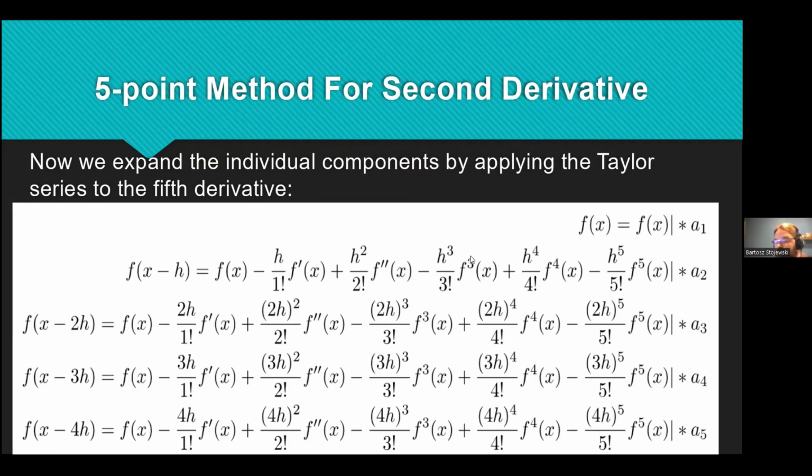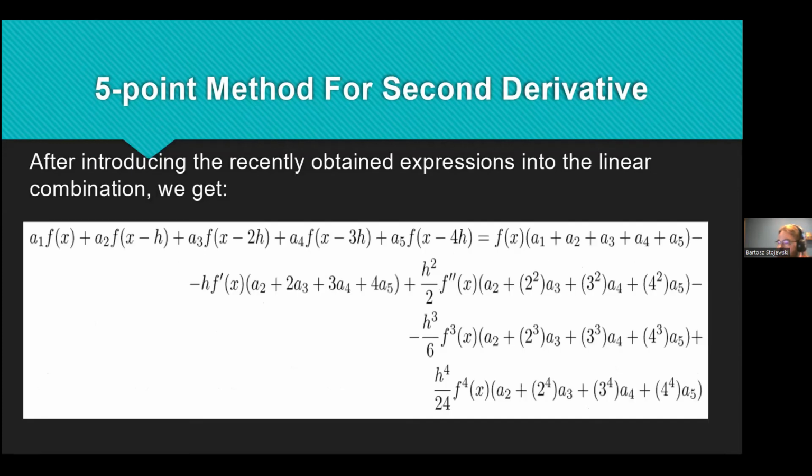Now, here is shown how we expand the individual components by applying Taylor series up to the fifth derivative. Then we put the previously obtained expressions into our linear combination.